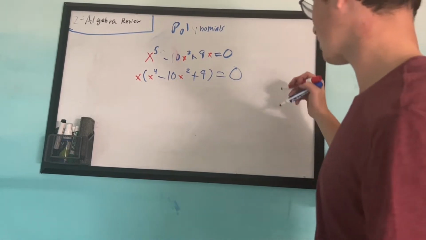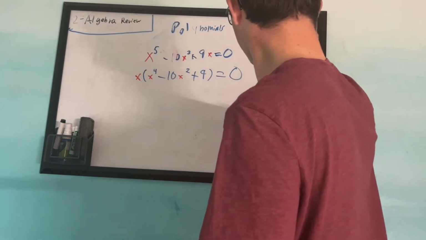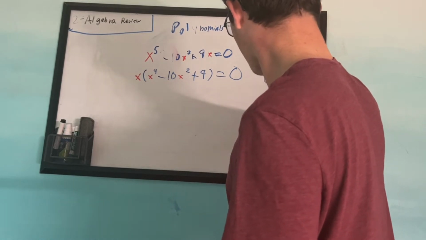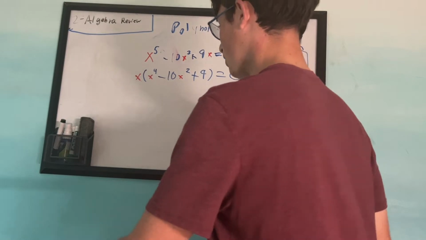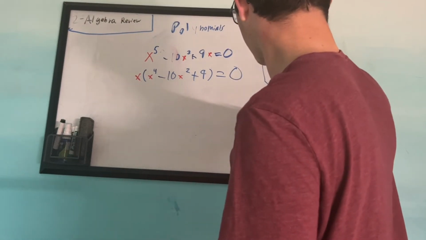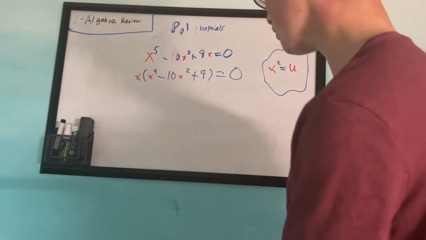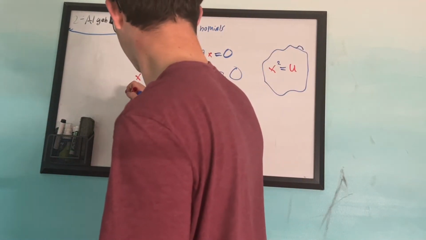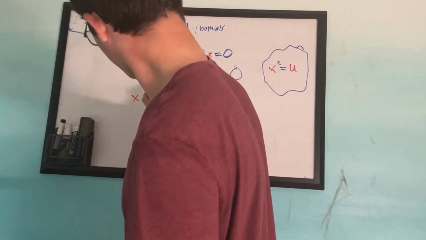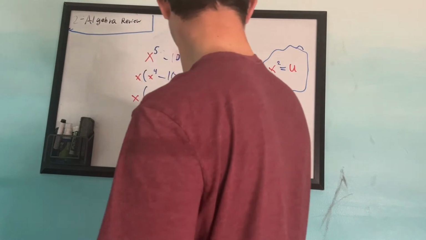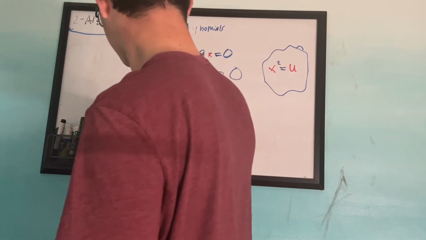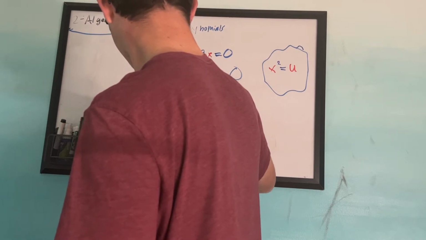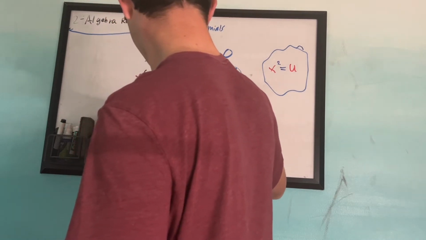And substitute in over here and say that x squared equals this new variable we'll call u. And now we can substitute that in and we're left with x times u squared minus 10u plus 9 equals 0.